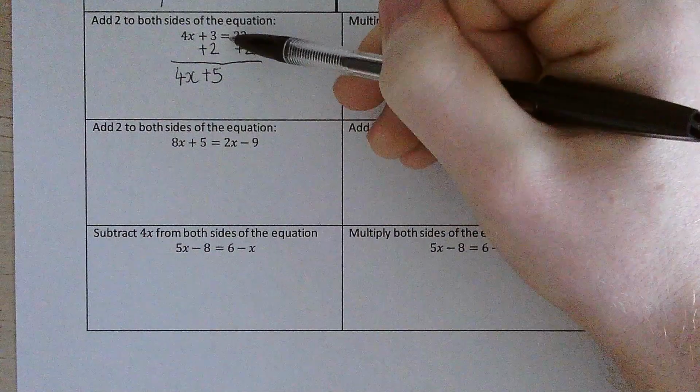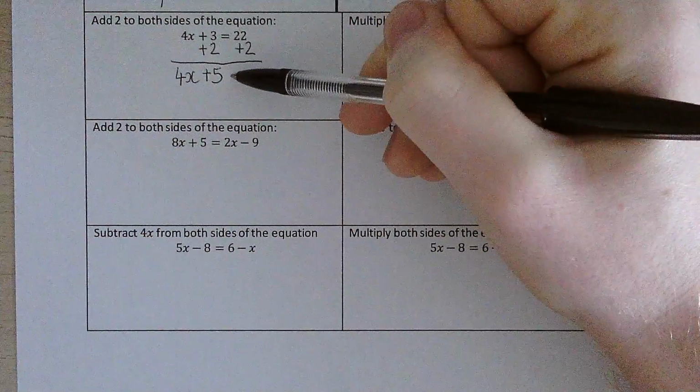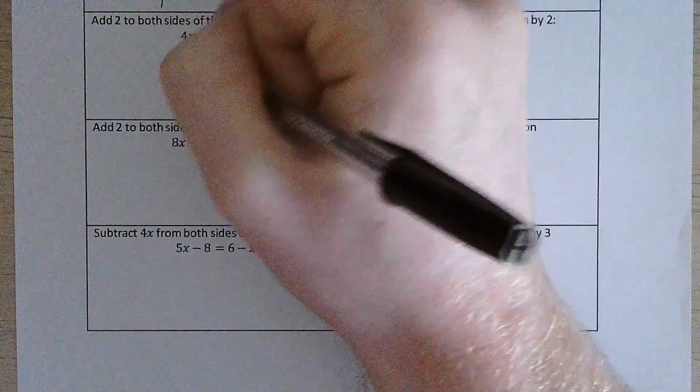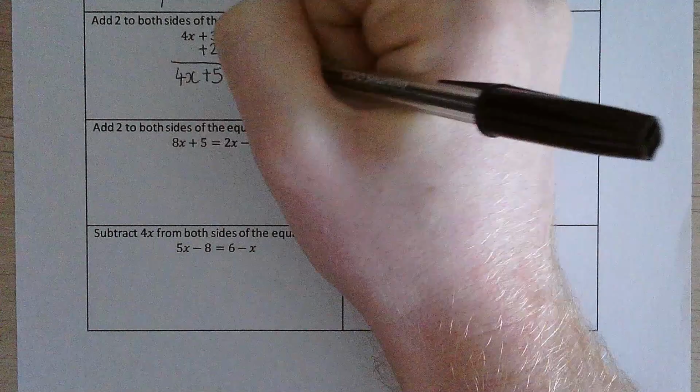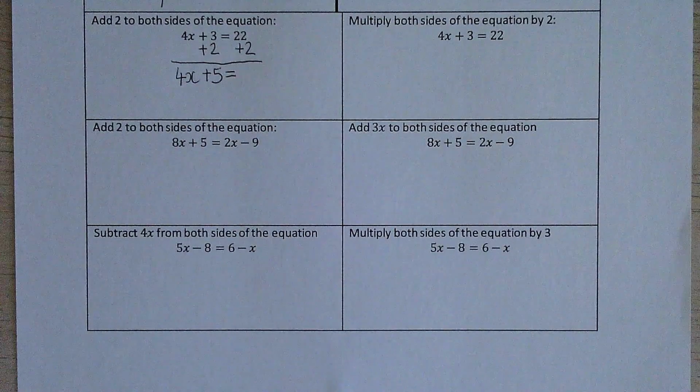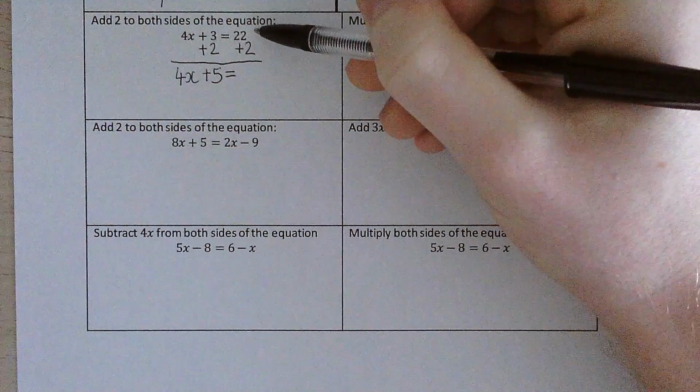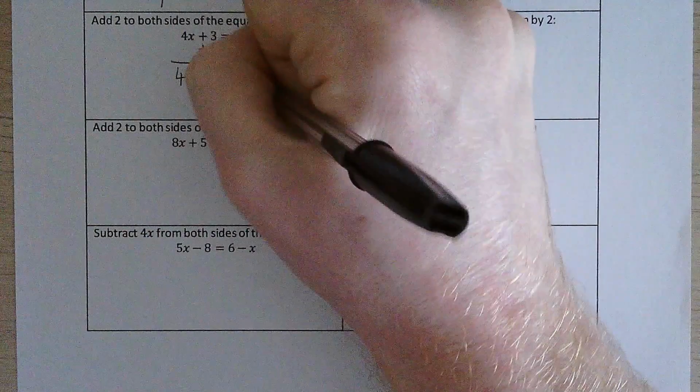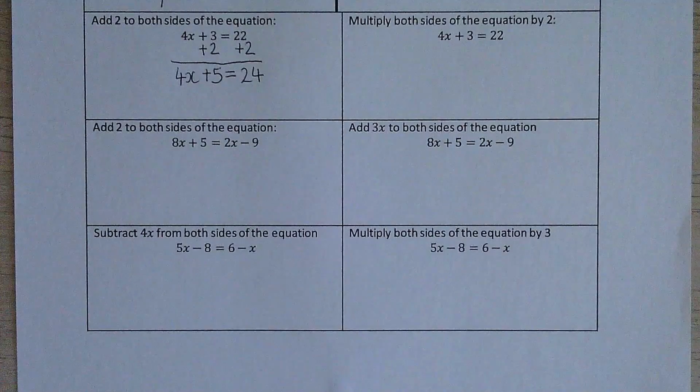The equal sign needs to drop down to this line because I'm going to be left with an equation, and an equation must have an equal sign in it. And 22 add 2 is 24. So adding 2 to both sides of the equation gives us 4x plus 5 equals 24.